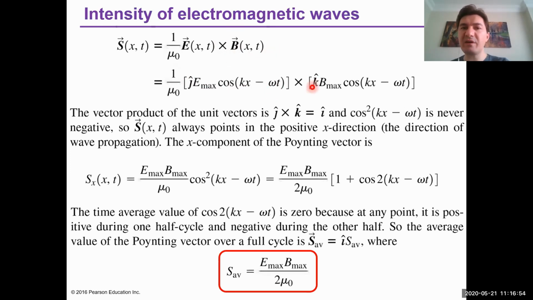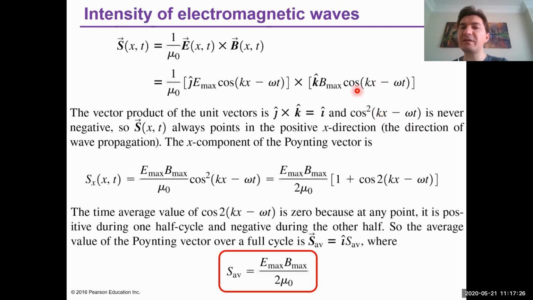The B is along the z direction, unit vector k, B max cosine (kx minus omega t). This is the Poynting vector. Then what we have here is the vector product of j and k. This gives us i, and here we have cosine, here we have cosine. This will give us cosine square (kx minus omega t).